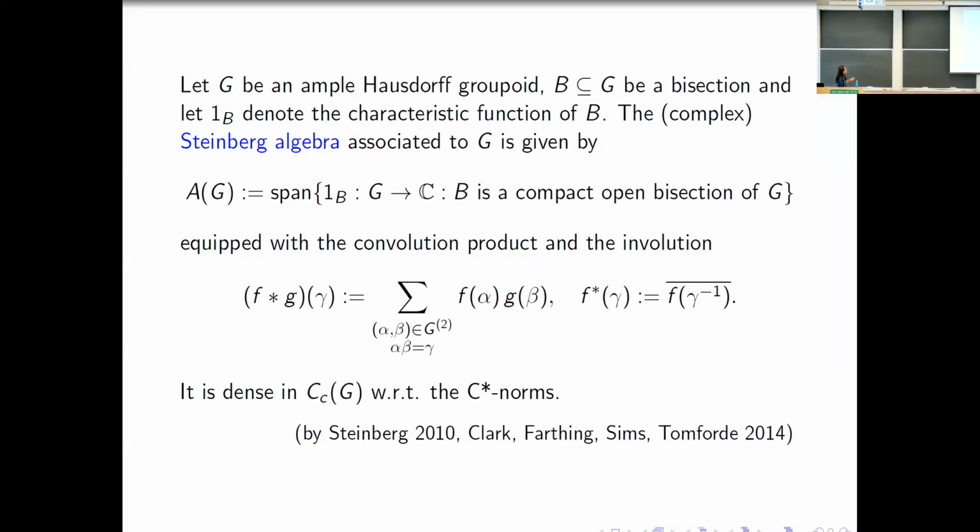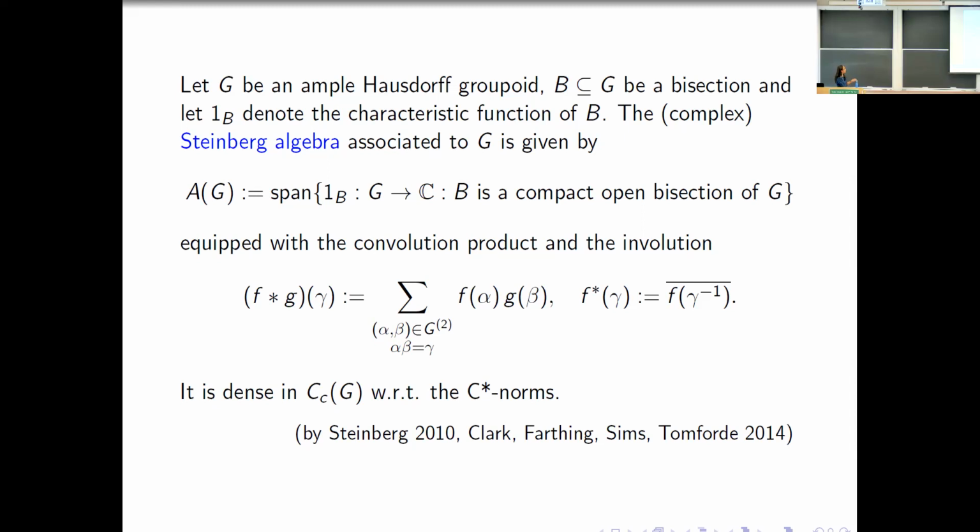Now if I weaken the condition on the groupoid a little bit, so we only look at Hausdorff groupoids without being effective, and I pick B as a bisection, sorry, it looks a bit confusing like a subalgebra, but now B stands for the bisection. Once we pick a bisection from our groupoid G, we can look at the indicator functions defined on the bisection.